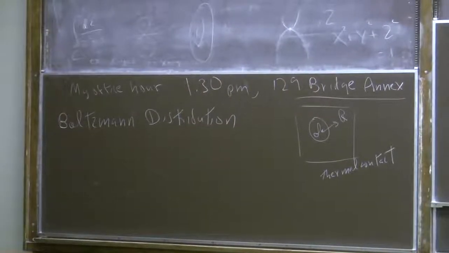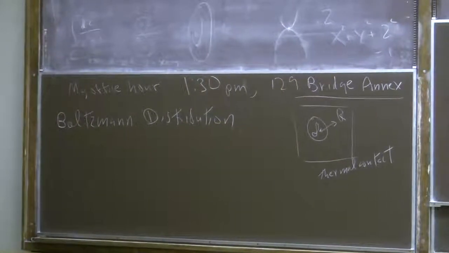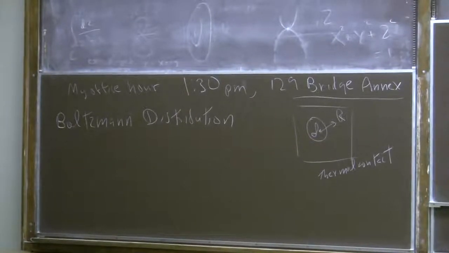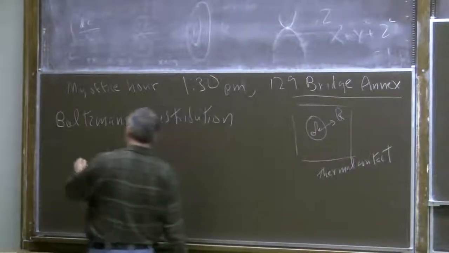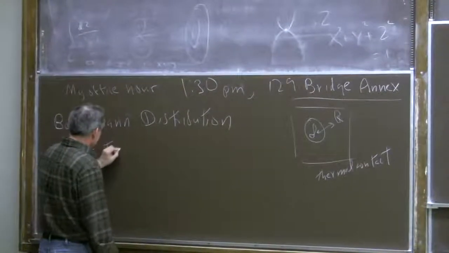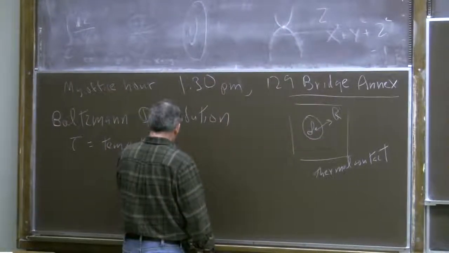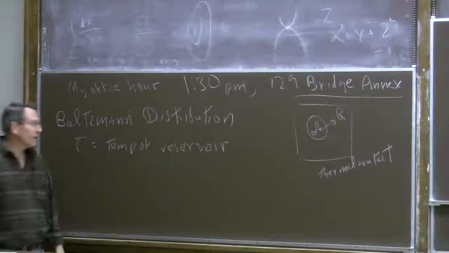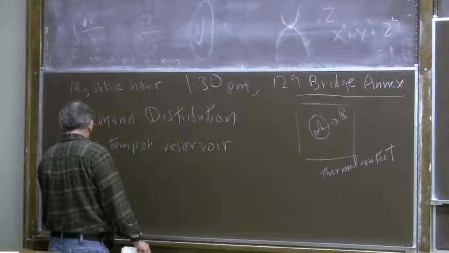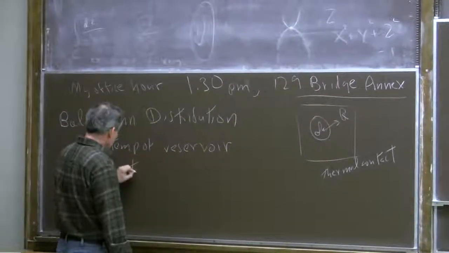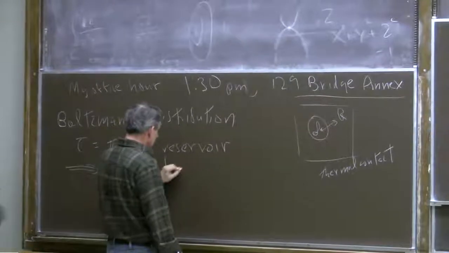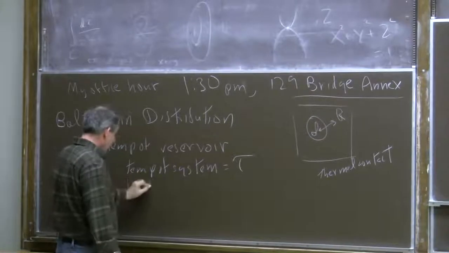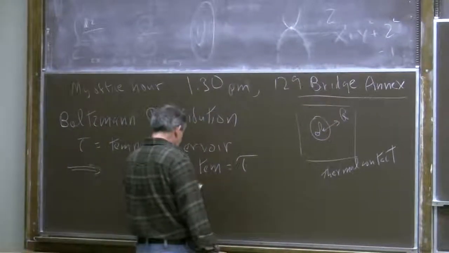The sense in which the reservoir is large is that it can gain or lose energy in its contact with the system without its temperature changing. The system then, in thermal contact with the reservoir, comes to temperature equilibrium with it. The temperature of the system equals tau in the most probable configuration.